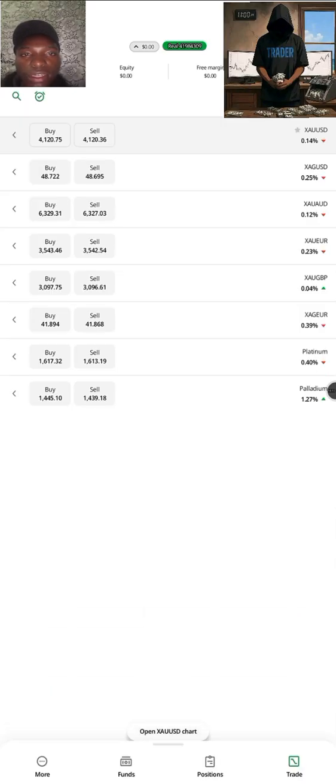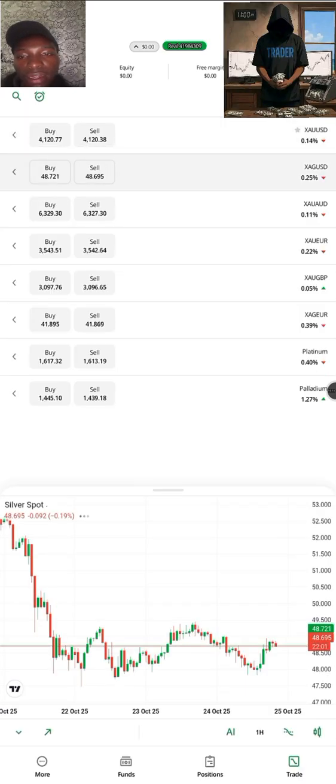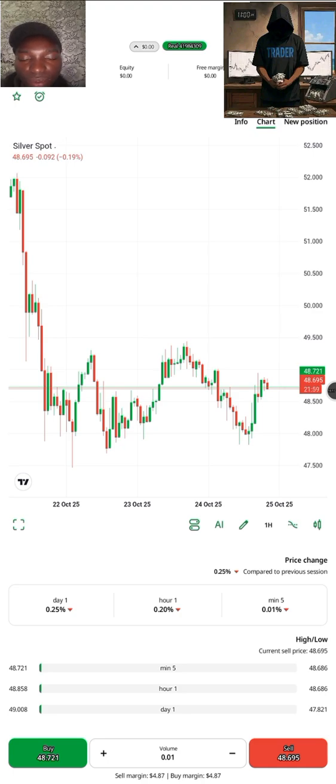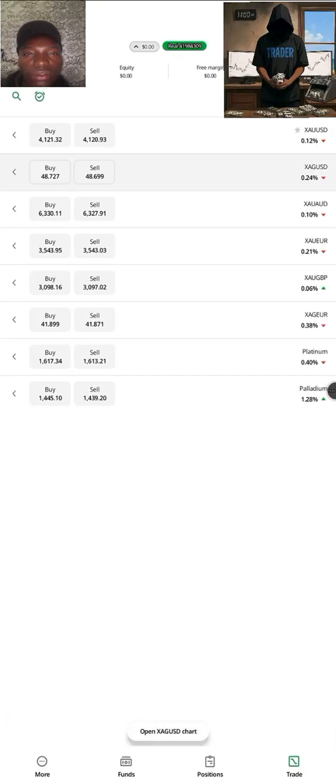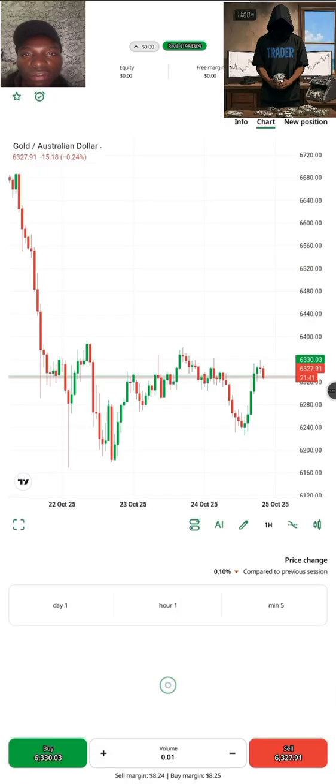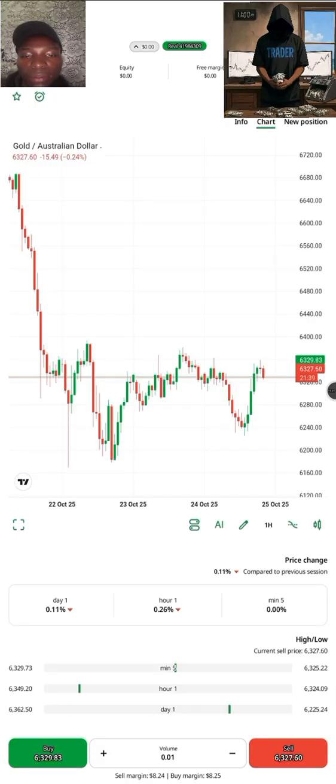The next one is silver spot. As you can see, silver spot is 4.87, around 500 Kenyan shillings. If you have more than 500 on your account, you can just trade silver. With the Australian dollar, it is 8.24.